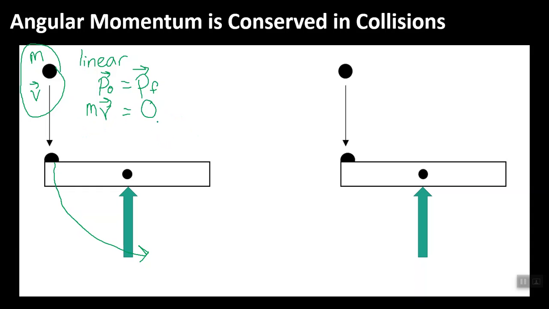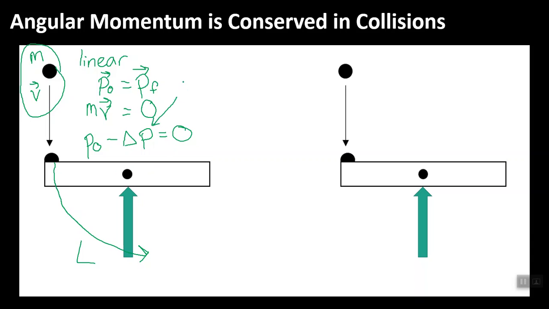Notice, not conserved, not constant. Now here's the big idea. It is not that the momentum got converted into this angular momentum. That is not what happened. We actually had initial momentum minus some impulse from an external force, and that gave us a final momentum of 0. So the big idea was, where did this net force come from?